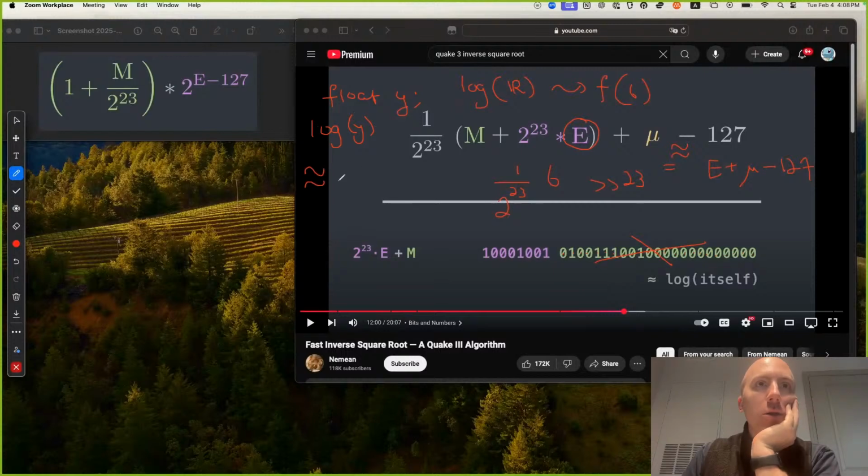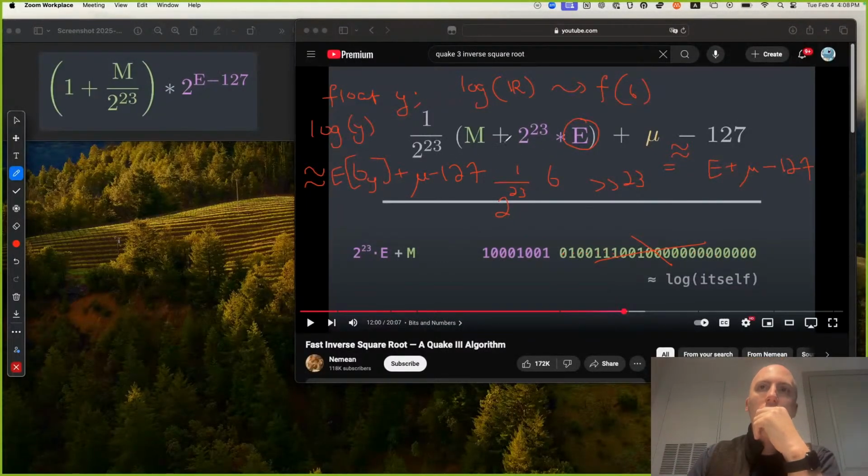And that's approximately equal to, I don't know, the bit version of y, extract the exponent, add mu, and subtract 127. The exponent part.